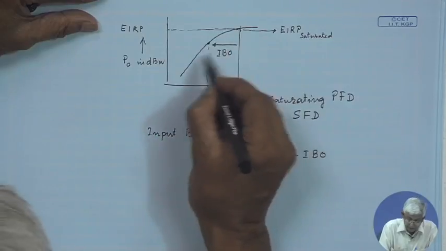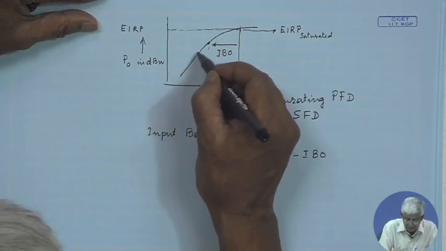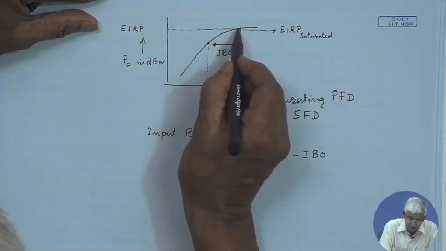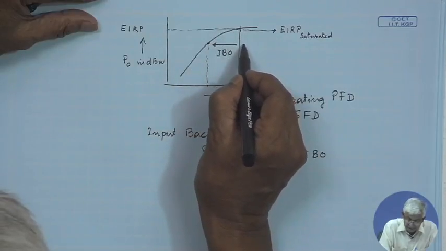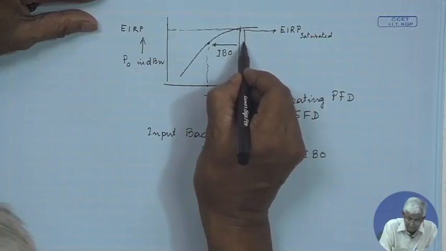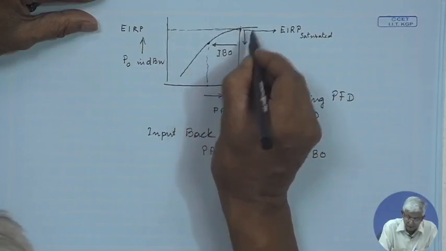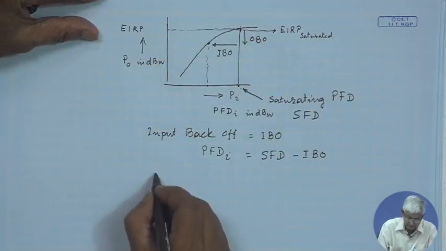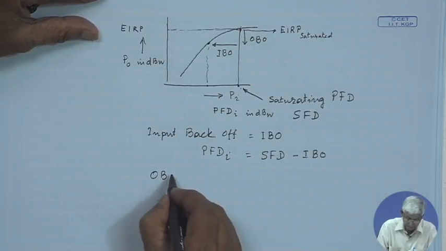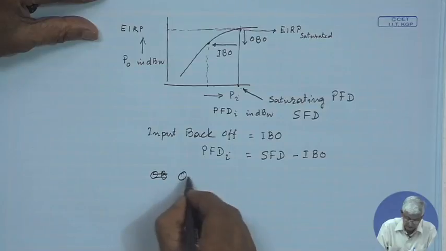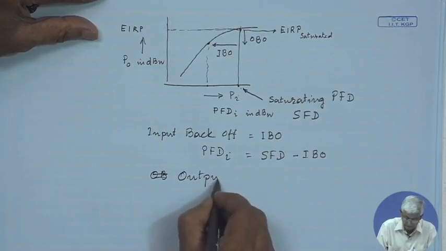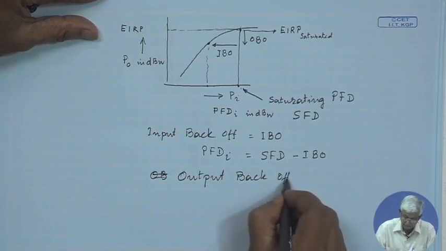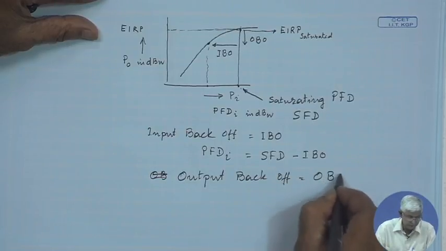But based on the slope of the curve, you can see that for the input back off, the corresponding saturated EIRP is reduced by this amount. So, this is the output, and this is called output back off, or OBO.